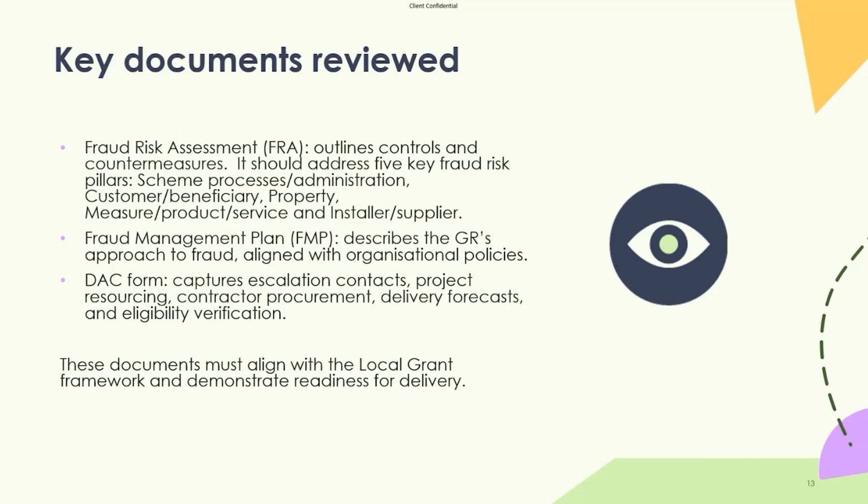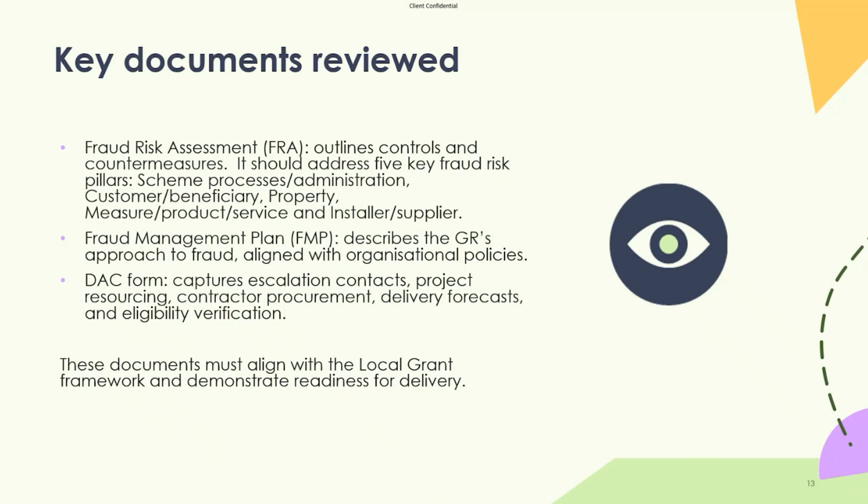So the range of risks that are likely to be identified should ideally be covered across all of these 5 key pillars. And these could range from the start of the scheme, pre-eligibility checks, right after the point of delivery, and invoice payment of the installers or the suppliers.